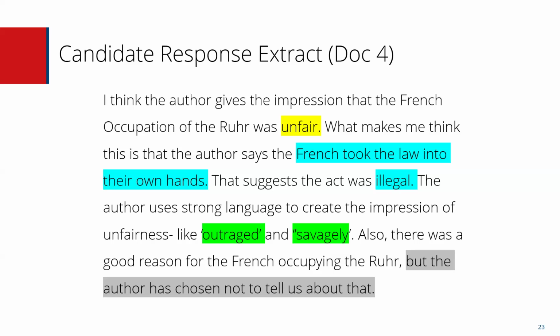And it really does explain the reason why they've got that impression. It addresses the author's selection and really looks at the content and the treatment of it. I'll just let you make some notes on that, and then we'll have a look at 1B.